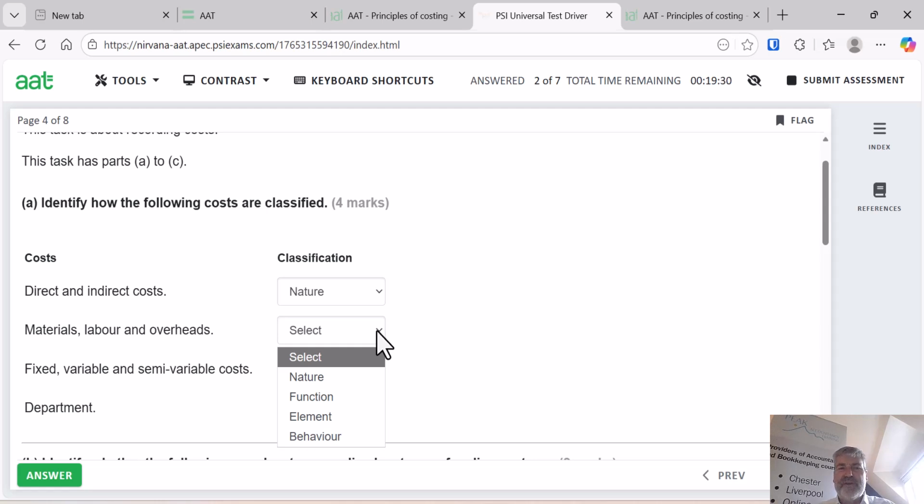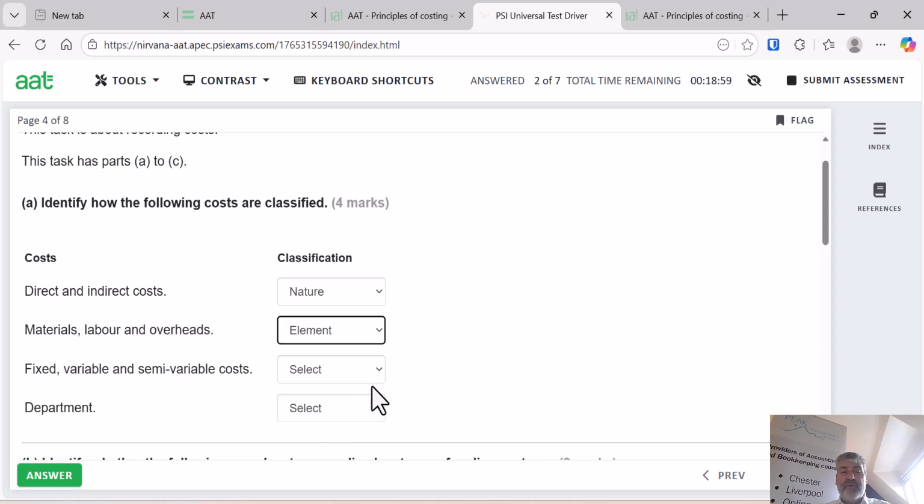It is very useful information for an organisation to know the total amount it is spending on materials, the total amount it is spending on labour, and of course being able to drill that total amount down to what it is spending on materials for a particular job, for example. So materials, labour and overheads are an example of classifying by cost element, by expense type if you like.